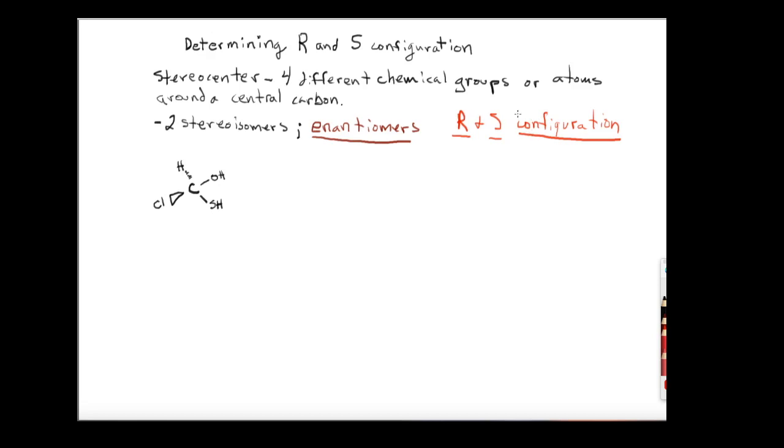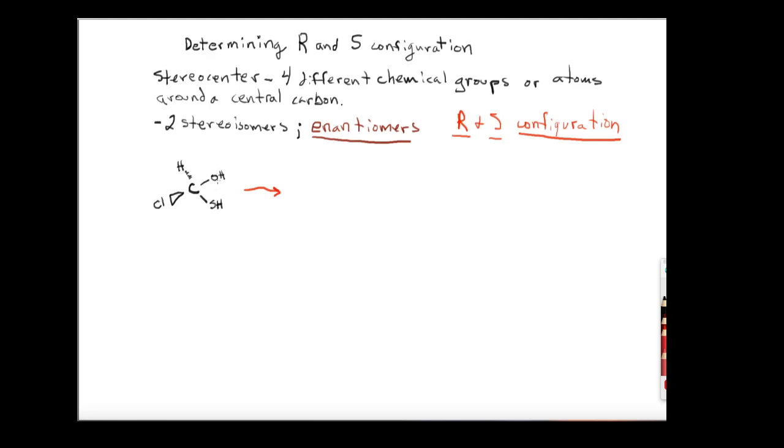So how do we figure out the R and S configuration? The first thing you're going to do is rewrite the molecule so that the lowest priority atom is facing directly into the plane of the board. How do we decide on the prioritization? With the simplest molecules, like the one we're looking at, the connectivity goes directly to a singular atom.